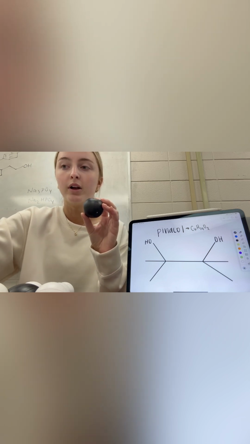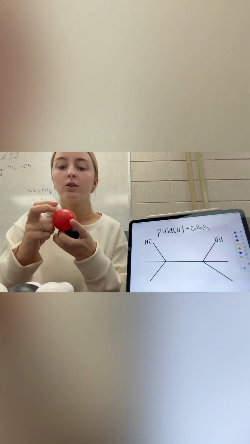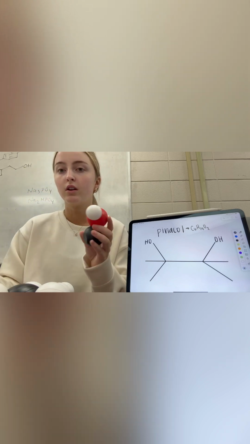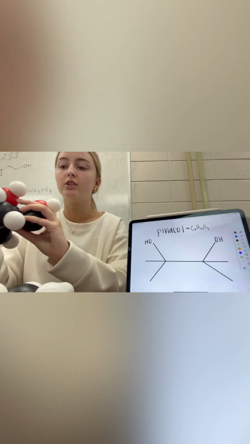So every alcohol group will be represented by 1 carbon, this black molecule, and then 1 red molecule, which is our oxygen, and then 1 hydrogen molecule. So here are 2 alcohol groups, and then these 2 will be attached, and then these methyl groups will be attached to these carbons.